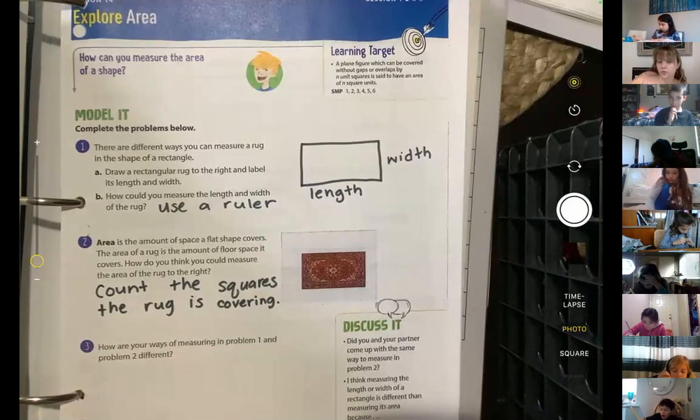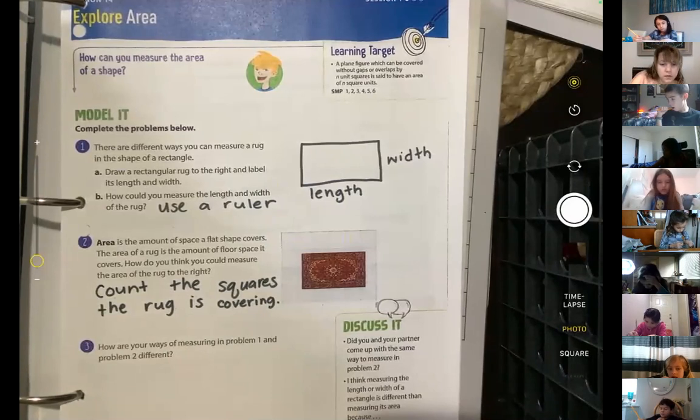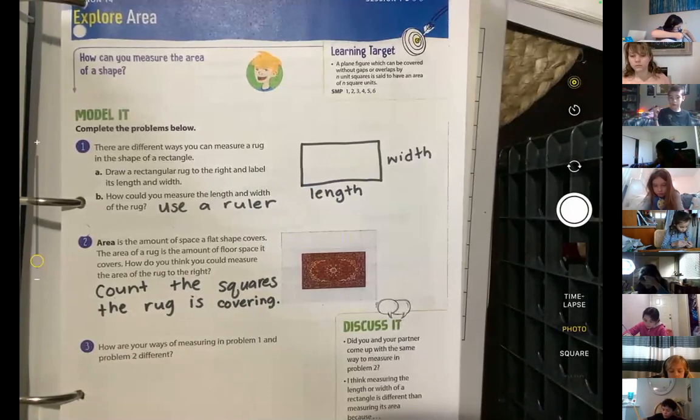Once you have 2 answered, we're going to go ahead and turn to the next page. We're going to skip number 3. And turn the page.